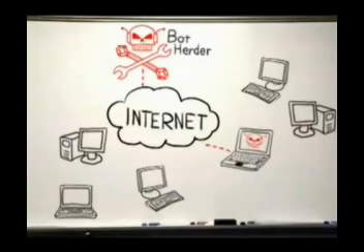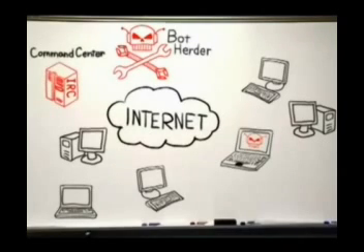Once installed, the bot client can take over the victim's computer at any time, but usually it does nothing visible. Instead, the bot herder programs the bot client to report to the command and control center and say, "I've infected someone, over here." Most bot herders install an internet relay chat server to act as their command center.